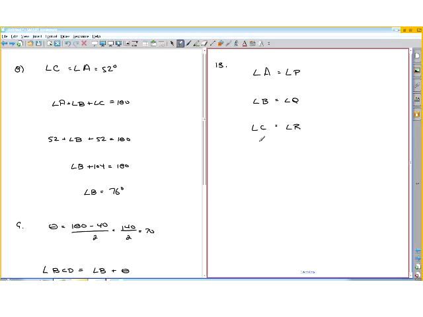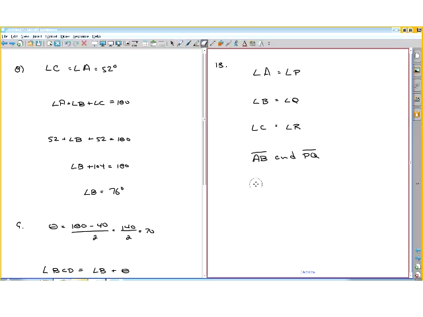In the case of here, the second part is the line segments. And so the side AB, so it's the line segment AB, and the line segment PQ are the corresponding sides. Side BC or CB, doesn't matter which direction it's in.